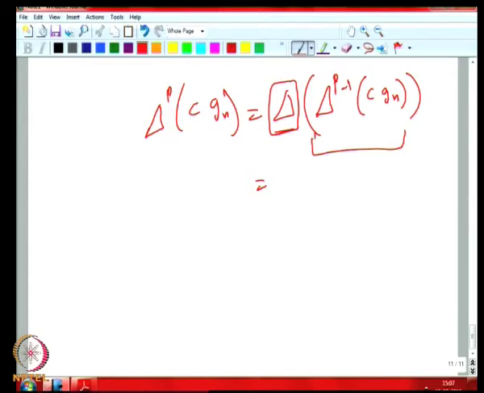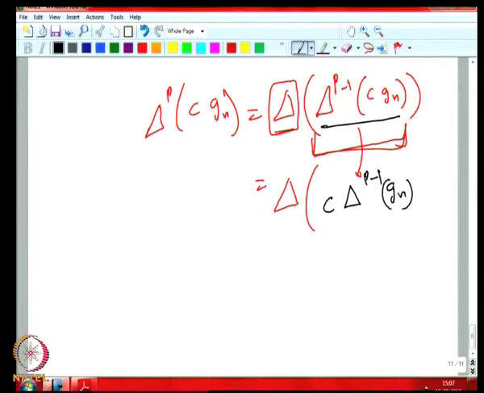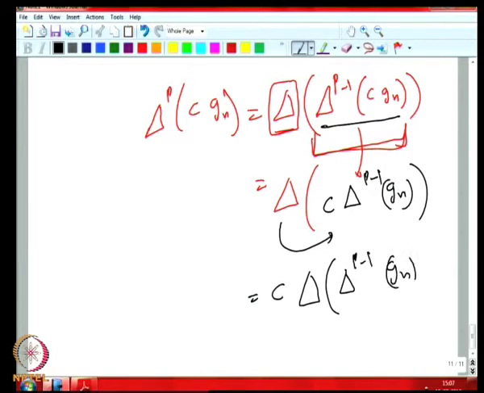By induction we know that this portion we can write as C times delta p minus 1 of Gn. Now we can apply what we already proved for p equal to 1. So, that is C into delta of delta p minus 1 of Gn, which is essentially C times delta p of Gn.